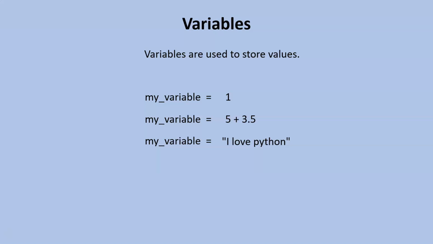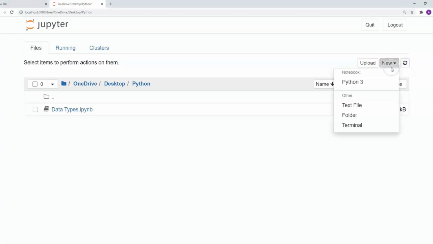The next time we assign another value, in this case the expression 5 plus 3.5, into the same variable, this new expression overrides the original value of 1. In the same way, when we assigned a new value of "I love Python" to the same variable, the content of myVariable now becomes "I love Python," which means it overrides the last value, which was 5 plus 3.5.